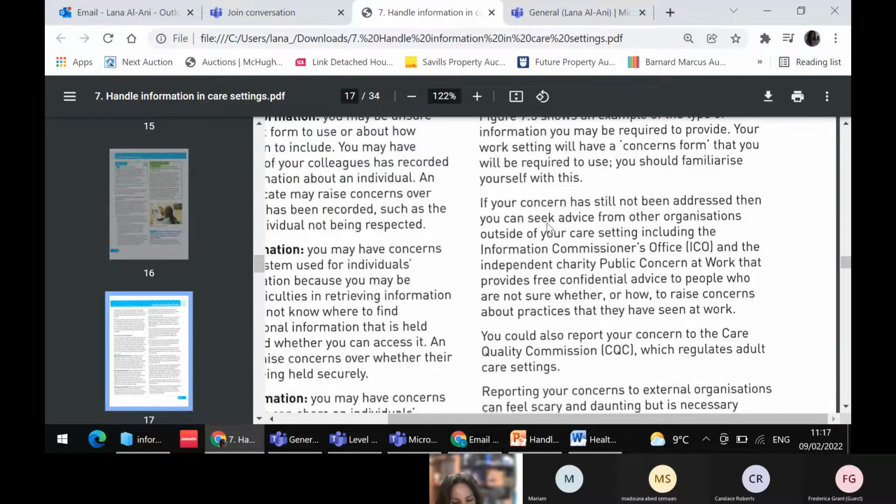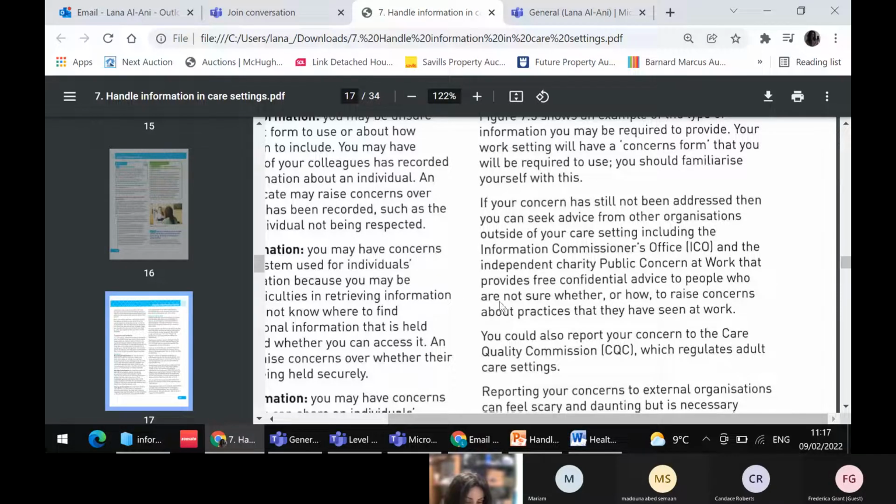After that, if the director hasn't acknowledged my concerns, then I need to seek advice from other organizations outside the care setting, such as the Information Commissioner's Office, ICO, and also the independent charity Public Concern at Work.